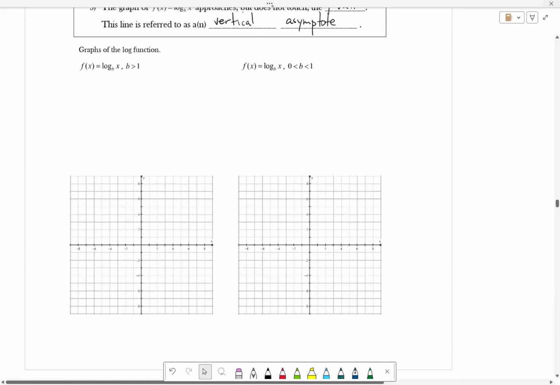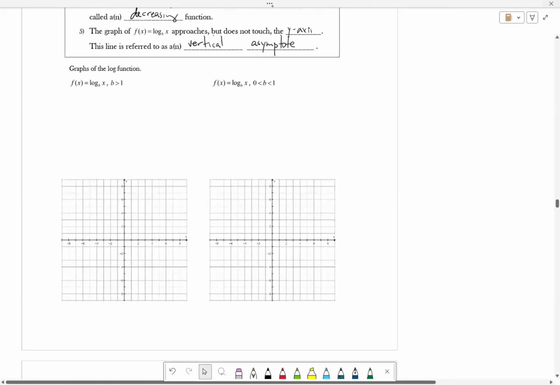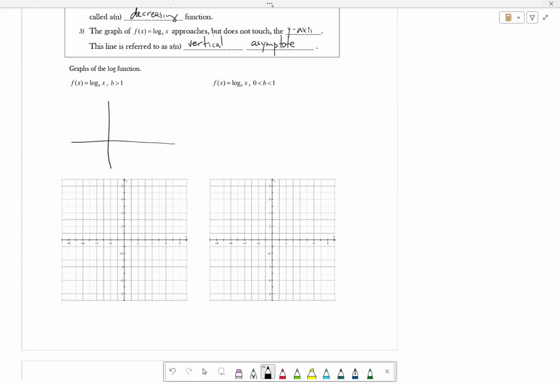Log base b of x goes through the point 1, 0, like all log functions. It also goes to the point b, 1 and 1 over b, -1.